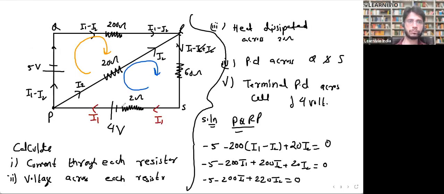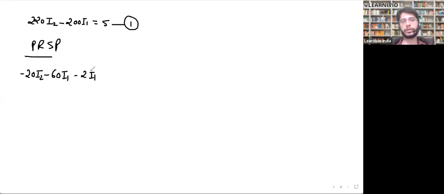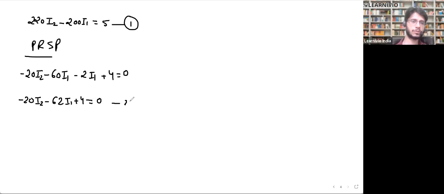When I'm going from negative to positive, it's a rise in potential, so it's plus 4, which is equal to 0. If I solve it, it's minus 20 I2 minus 62 I1 plus 4 is equal to 0. So this is the first equation and this is the second equation.